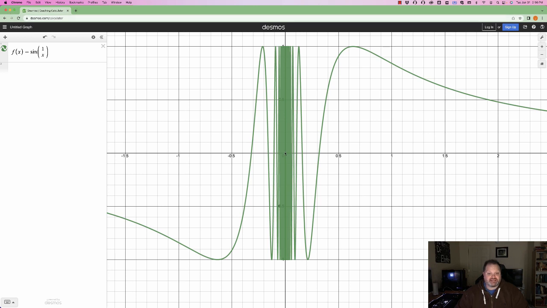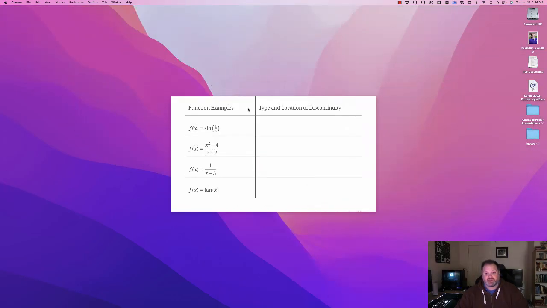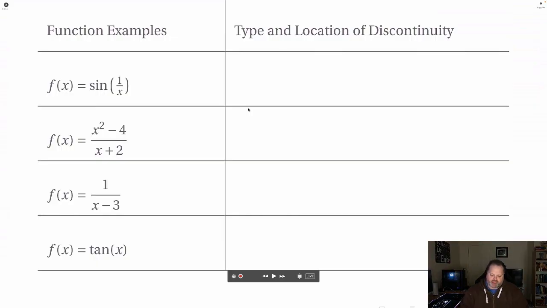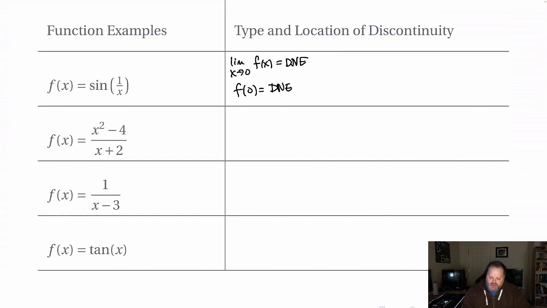The reason it has a discontinuity is, remember, we established that the limit at 0 doesn't exist. The function value at 0 here also doesn't exist, so this is doubly bad. I will say that the limit as x goes to 0 of this function does not exist, and the function value at 0 does not exist.